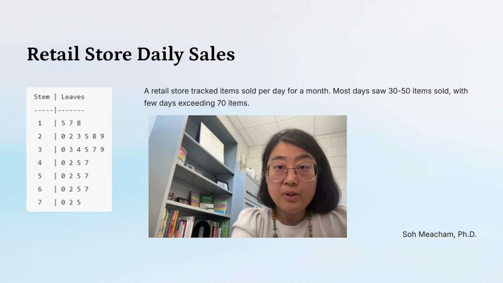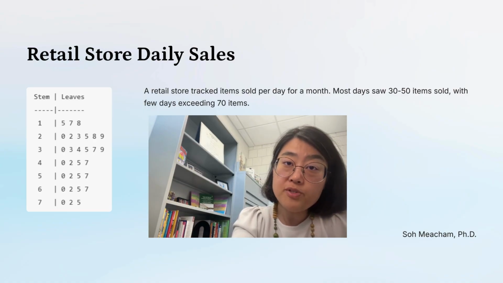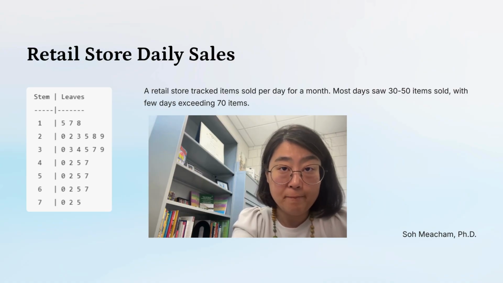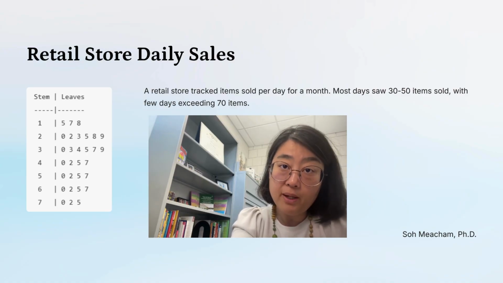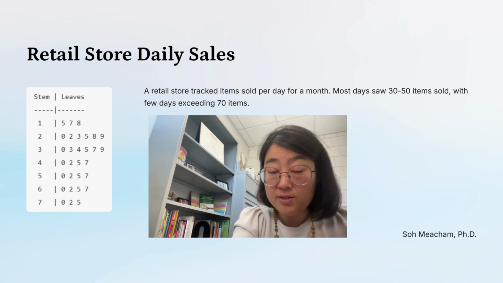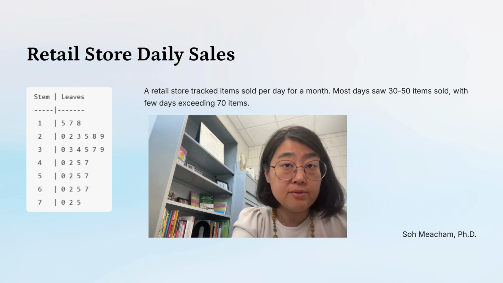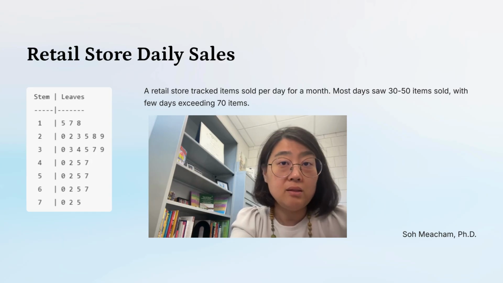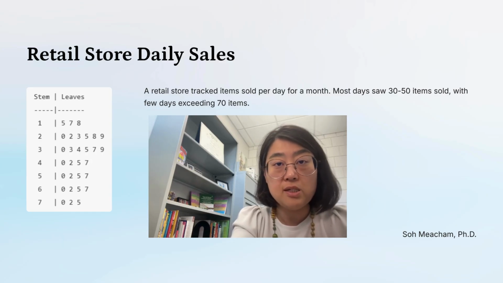Another example involves a retail store tracking the number of items sold per day over a month. Suppose they have data for 30 days, with sales ranging from 15 to 75 items per day. By creating a stem plot, the store can visualize the distribution of daily sales. The stem would be the tens digit, and the leaf would be the units digit.